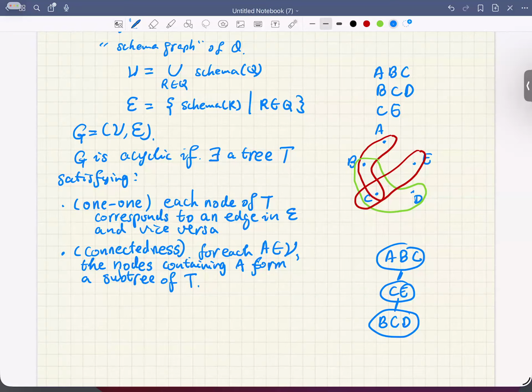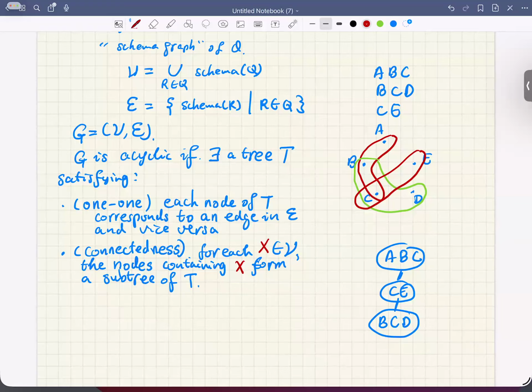However, if you choose this attribute, because I also have A there, let's change this A to something else to make things clearer. Let's say X. If you choose this X to be C, attribute C, you actually see that this property holds on C. Because if I ask what are the hyperedges, the nodes of this tree containing C, you will say all of them.